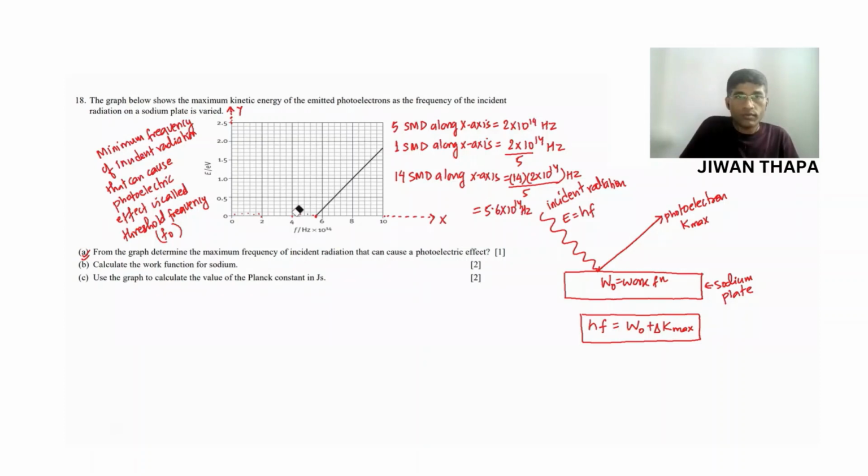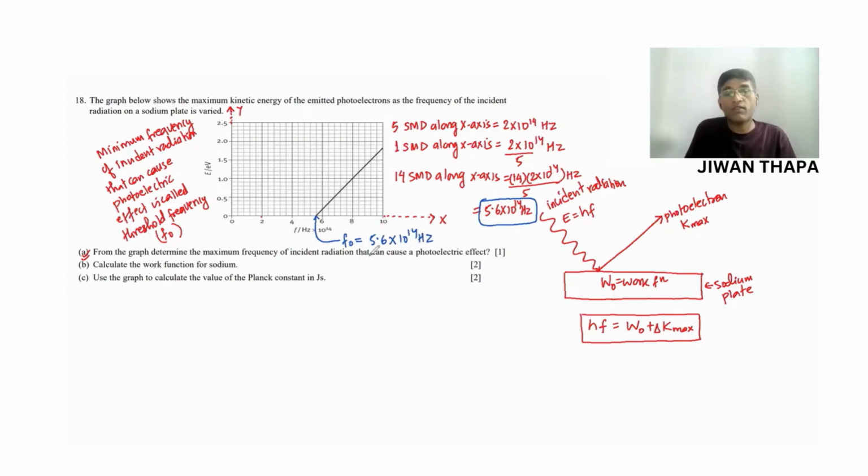So this is the threshold frequency. So the threshold frequency is F0 equals 5.6 into 10 to the power 14 Hz.